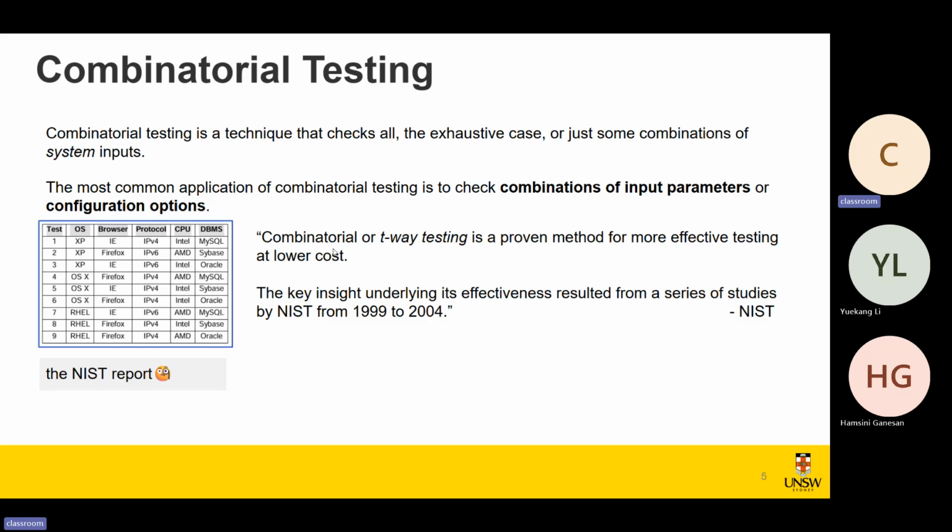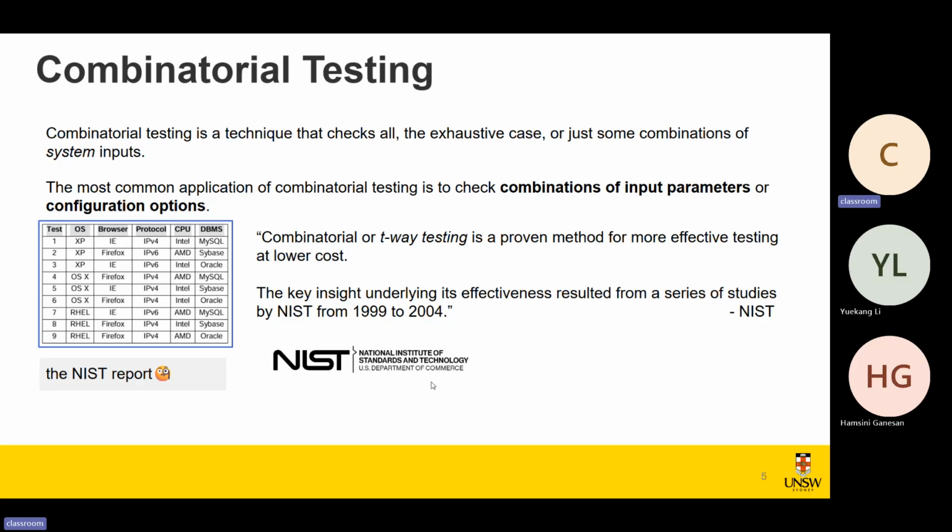Combinatorial testing is also known as T-way testing, and we will learn why it is called T-way testing in the following slides. If you wonder what NIST is, and why they are interested in creating new testing techniques: NIST is a US department called the National Institute of Standards and Technology.